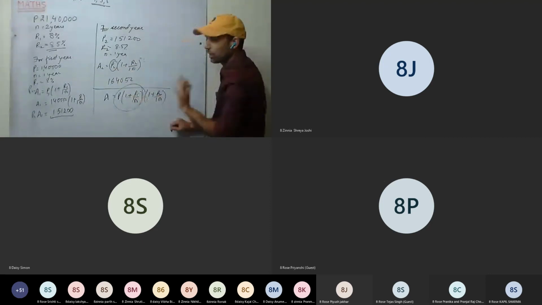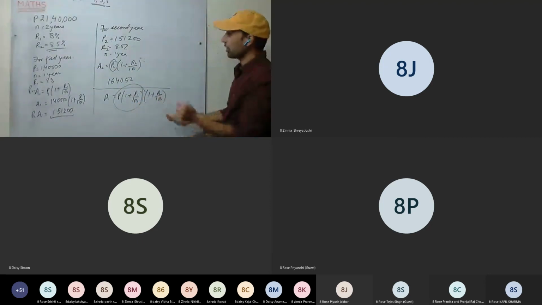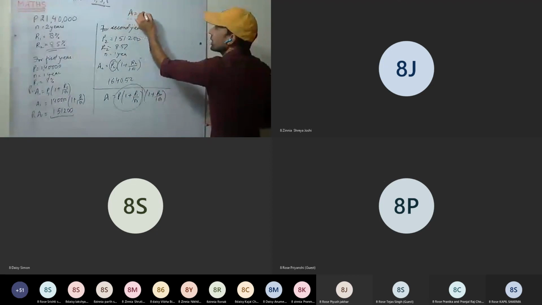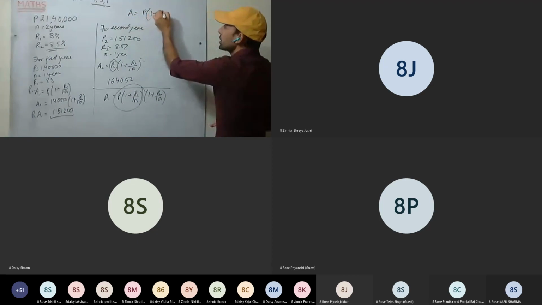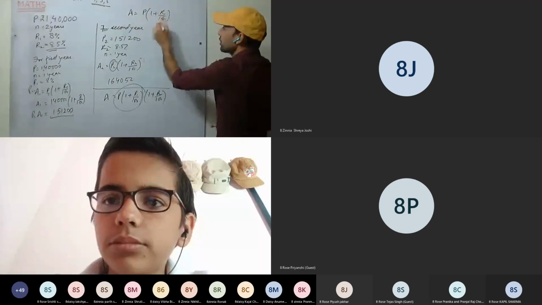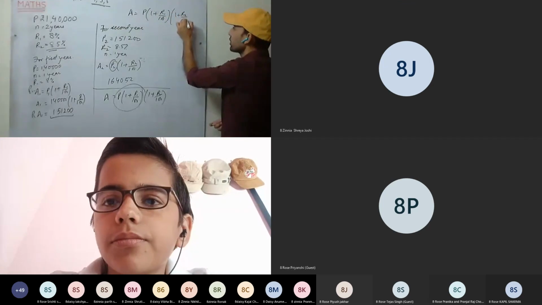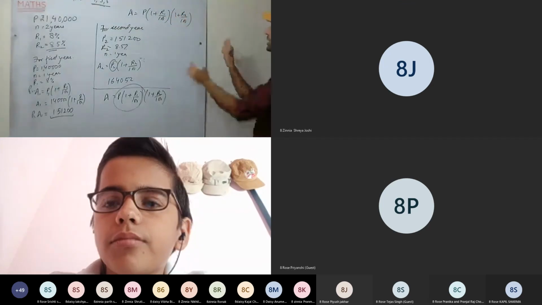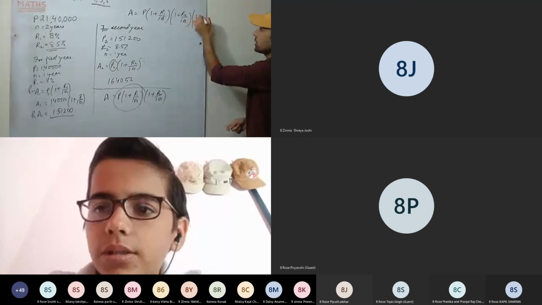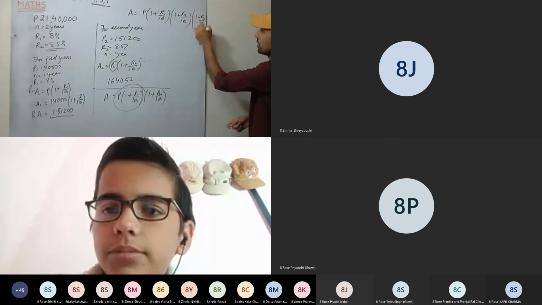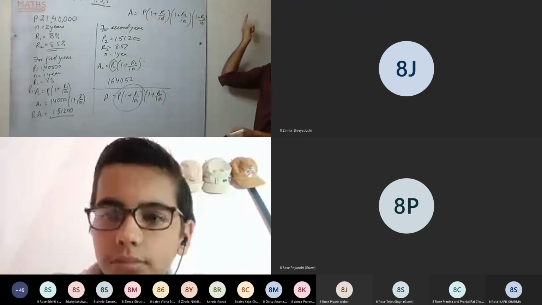So if the rates are different, for 1 year it is P1 times 1 plus R1 upon 100, then we multiply by 1 plus R2 upon 100 for the second year. If there is one more year with a different rate, 1 plus R3 upon 100.